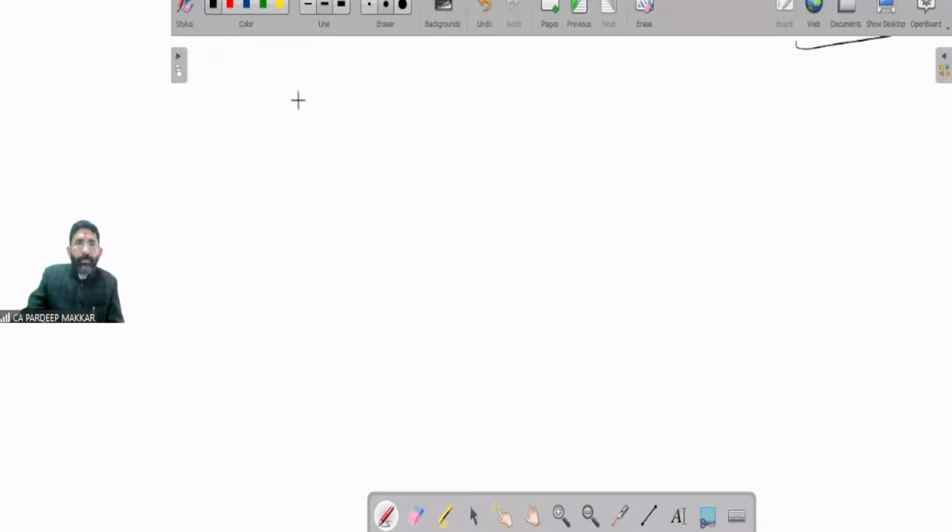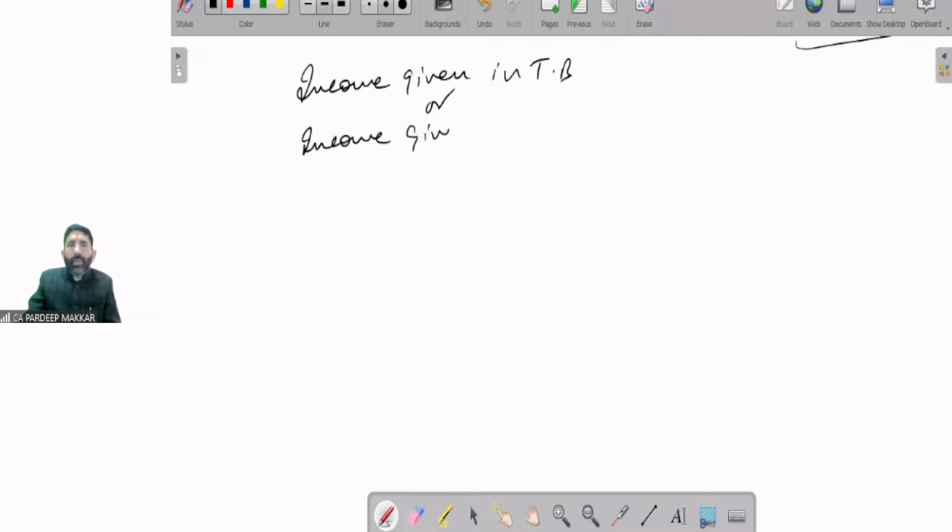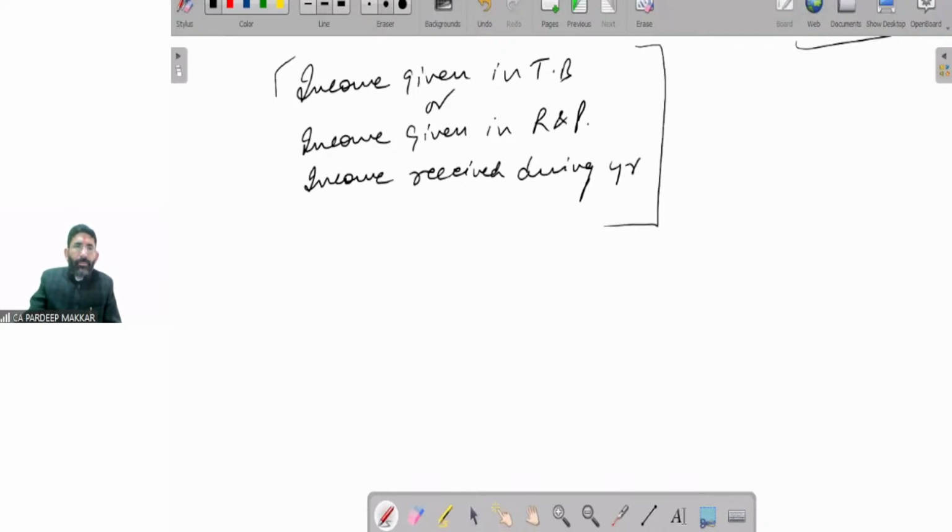Talking about income, if any income is given to us in the trial balance, or income given in receipt and payment account, or he says income received during the year, these three have the same meaning, beta.